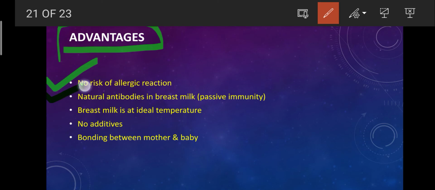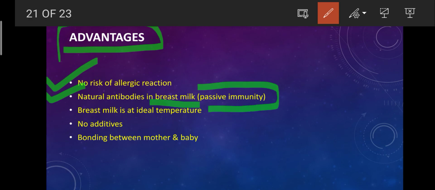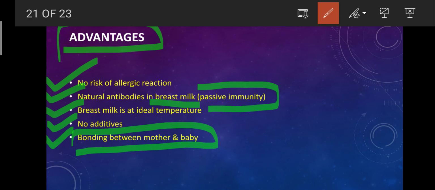Natural antibodies are present in breast milk, which provide passive immunity to the baby. Breast milk is also at an ideal temperature. There are no additives in breast milk, and breast milk also causes bonding between mother and baby.